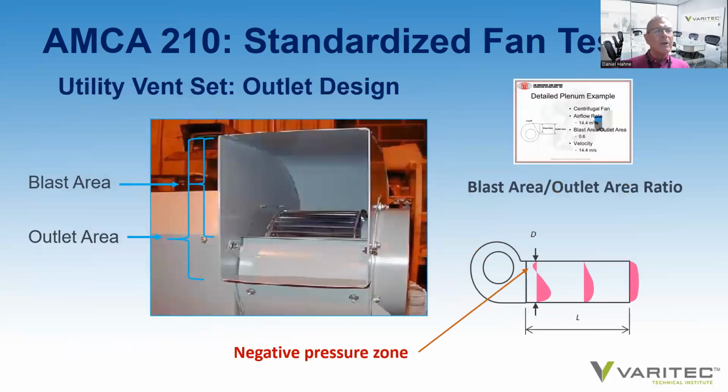So if we look at a utility vent set, you will notice that it is divided. There is a baffle plate, part of the housing, at the lower end of the discharge.